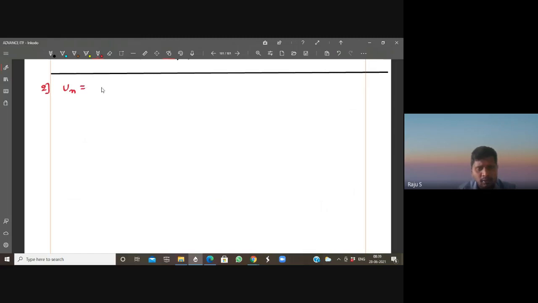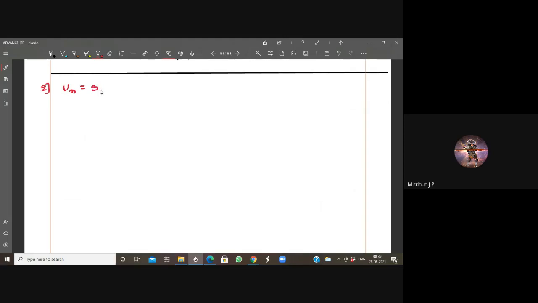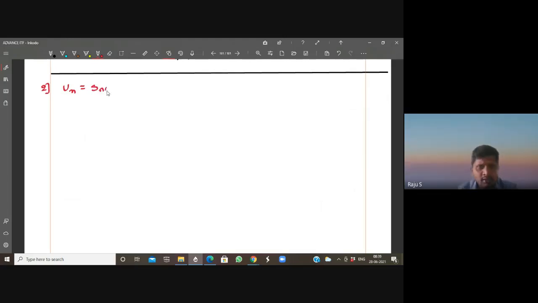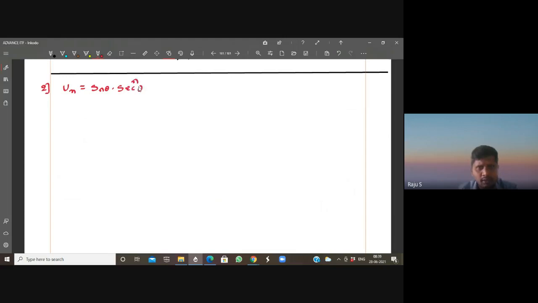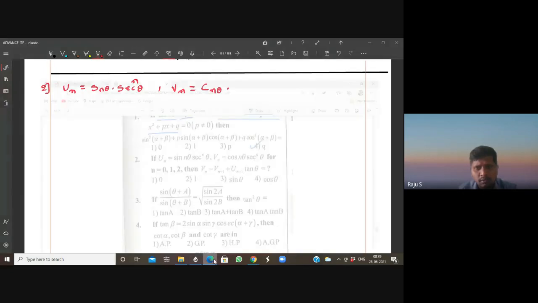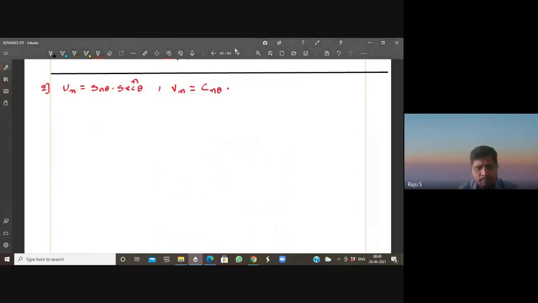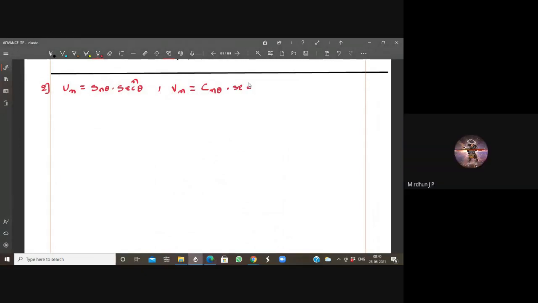Un is sine n theta into secant power n theta.